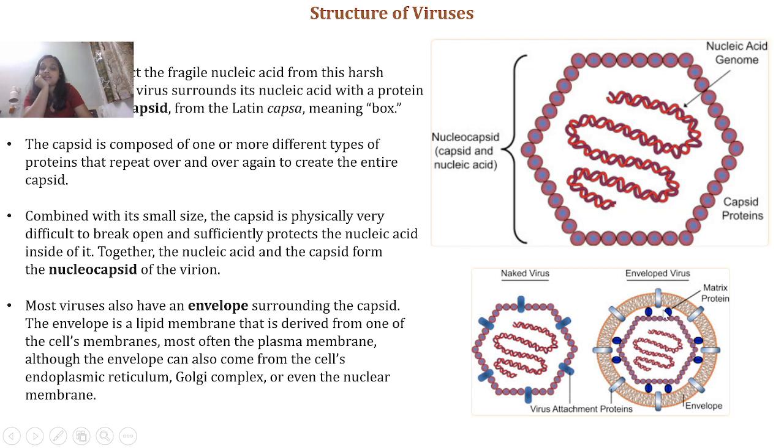Here also you can see there are certain proteins, matrix protein, and also virus attachment proteins through which it can attach to the cell surface. So there are mainly three components. One is the nucleic acid, one is the capsid, and if envelope is present, then there is an envelope surrounding the capsid.